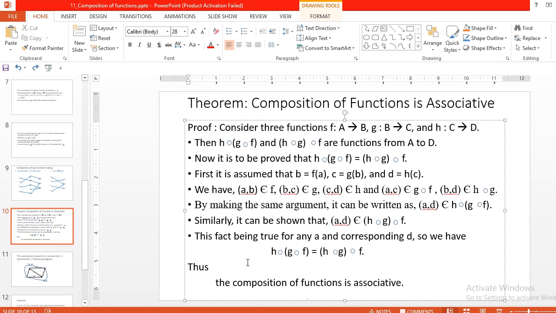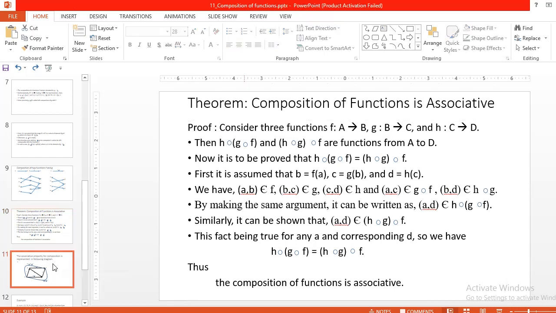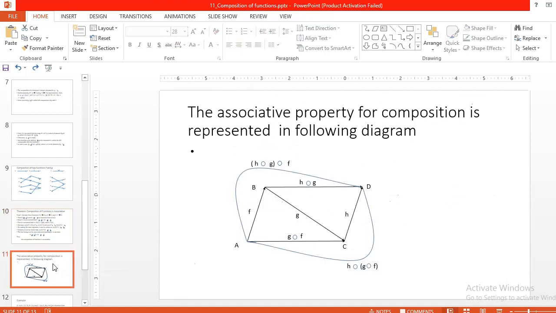Okay, so this is one of the theorems on the composition of functions: composition of functions is associative. This theorem, we can represent diagrammatically. How can we represent this theorem diagrammatically? See here, from A to B there is one function f.